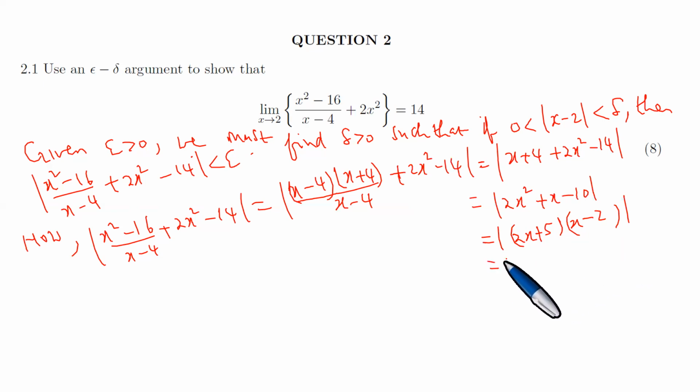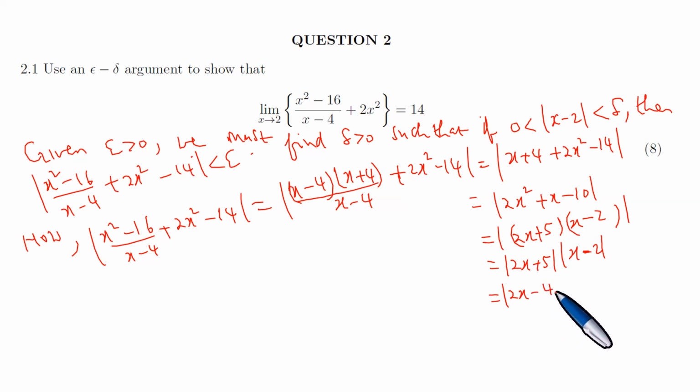So this means you have the modulus of 2x plus 5, x minus 2. So 2x, you want to get an x minus 2 out of this. Another tricky step.